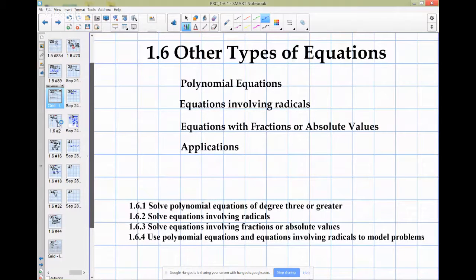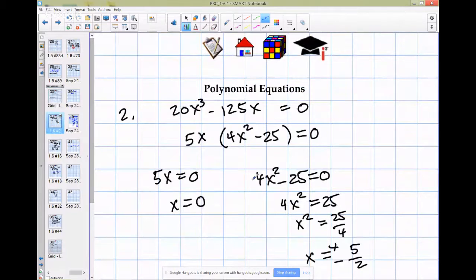Anyway, I'm going to dig right in, and I'm going to take a problem from the assignment as an example of a polynomial equation. What do we mean by polynomial equations? Well, we're going to go higher today. Do you see how we have a cube there in number 2? 20x cubed minus 125x equals 0.